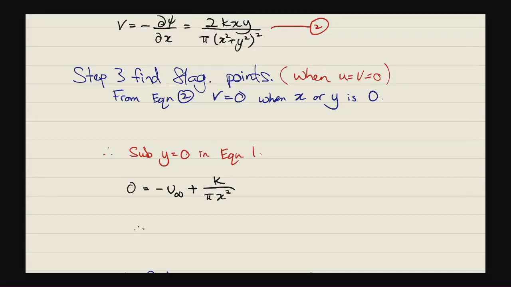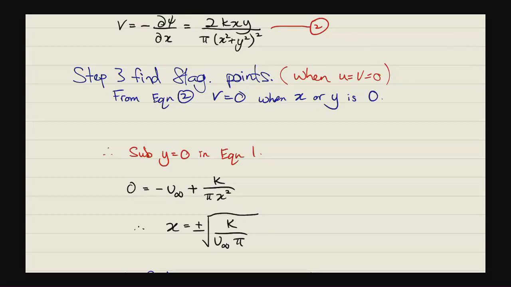Therefore, if I rearrange it, I should be able to find x, which is going to be plus minus the square root of k over u infinity pi.